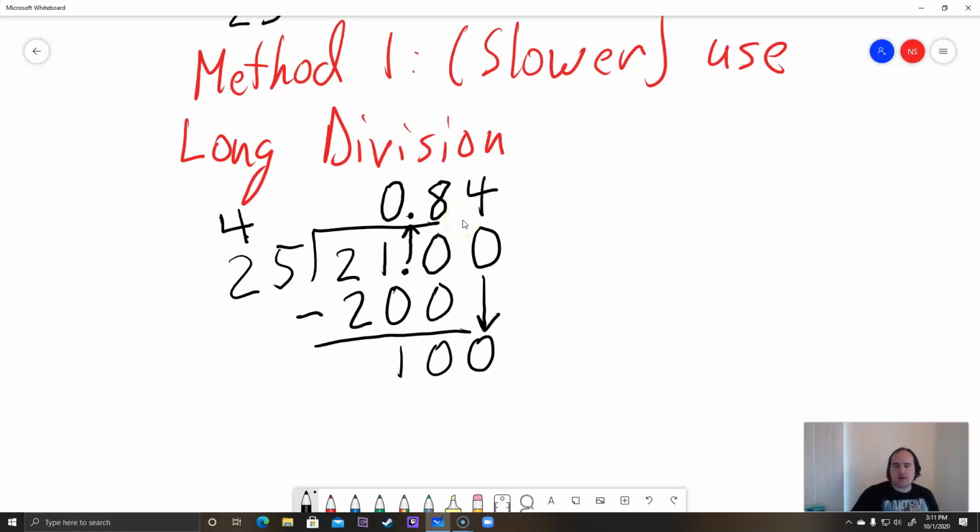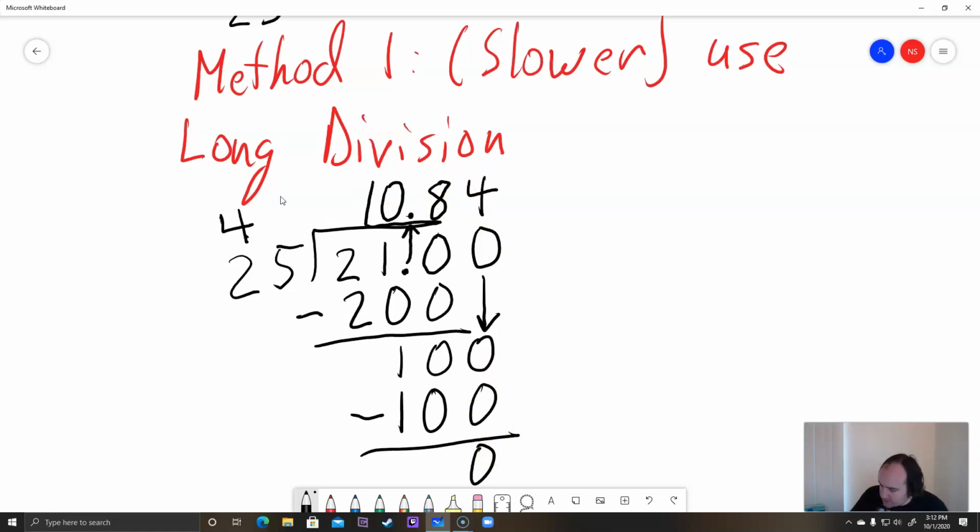So we write a 4 up here, and then 4 times 25 is 100. And so we get 100 minus 100, which is 0. Once you get to 0 as your remainder down here, that means you're done with the long division. So that means 0.84 is our answer.